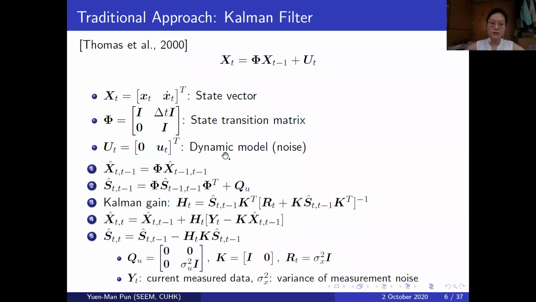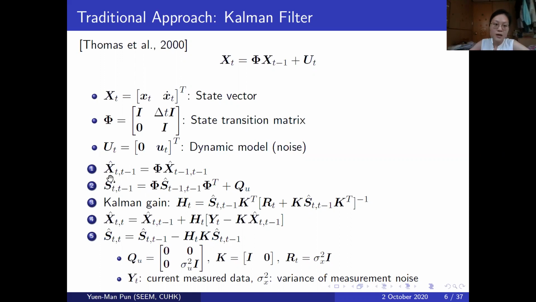U_t is the dynamic model that acts on the velocity. As you can see, 1, 2, 3, 4, 5 are the procedures in the Kalman filter. The main point is that S_t here represents the covariance matrix.